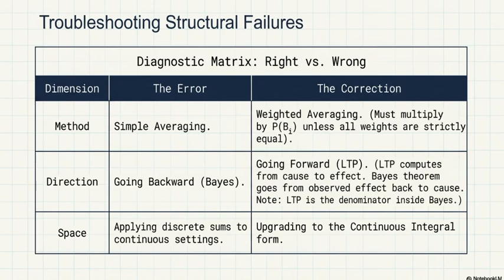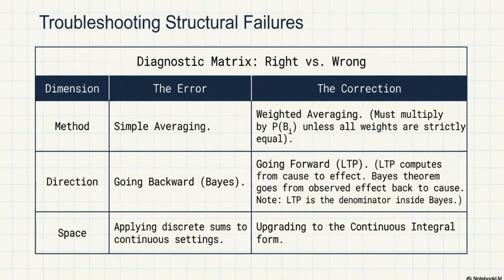Next thing is confusing it with Bayes. The law of total probability computes the probability of A forward, from causes to effect. Bayes theorem is the next topic which we will cover, and Bayes theorem goes backward from observed effect to cause. LTP is actually the denominator inside Bayes. Now, the next mistake we can make is with infinite partitions.